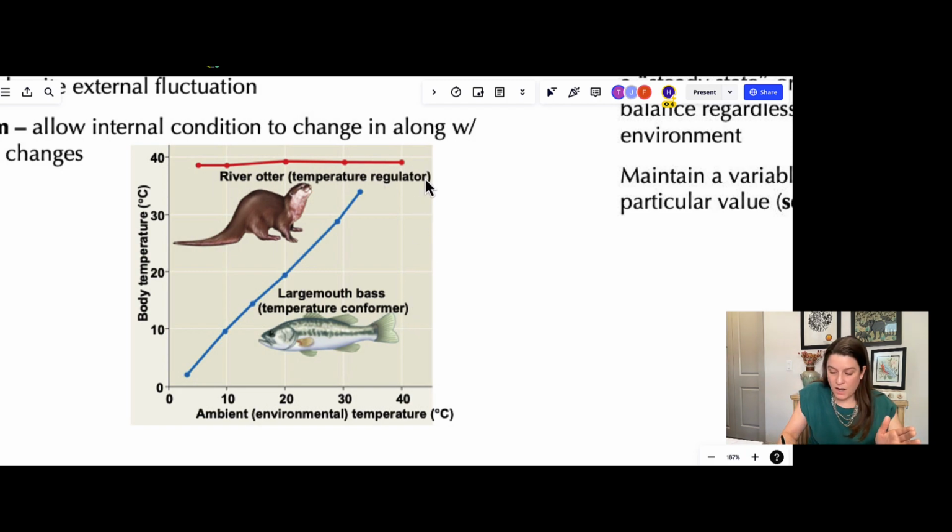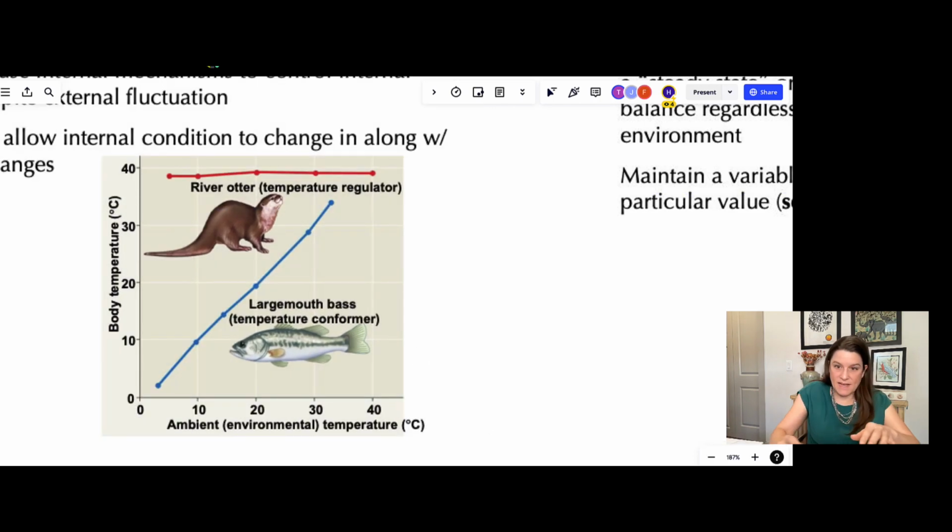So the river otter is obviously a regulator because, despite the ambient temperature, which means the outside temperature, changing here, the body temperature of the river otter stays relatively constant. So it's a regulator. Versus this bass, this type of fish, you can see as the environment temperature goes up, the body temperature also goes up. So you can see there's a relationship here where the environment changes and the fish conforms to it.